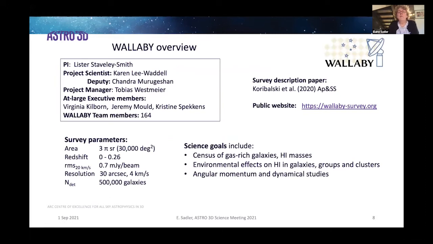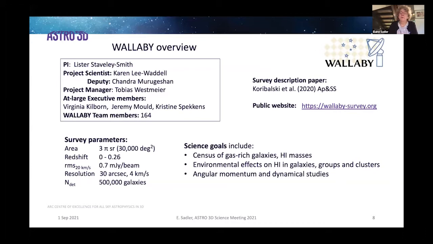So just a quick overview of Wallaby. It's an all sky survey covering 30,000 square degrees of sky, 3/4 of the sky, all the way up to redshift 0.2. And science goals include H1 mass function, the census of gas-rich galaxies, environment effects, angular momentum, and so on.